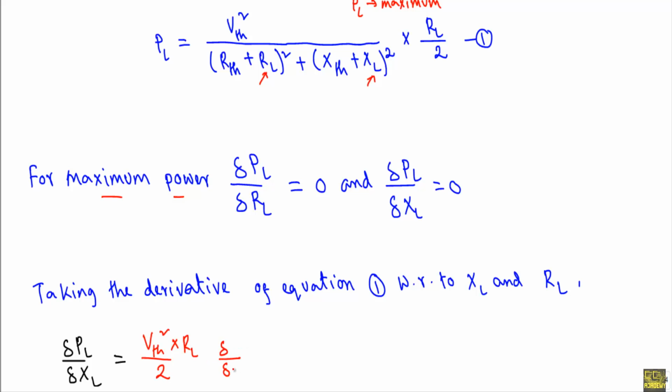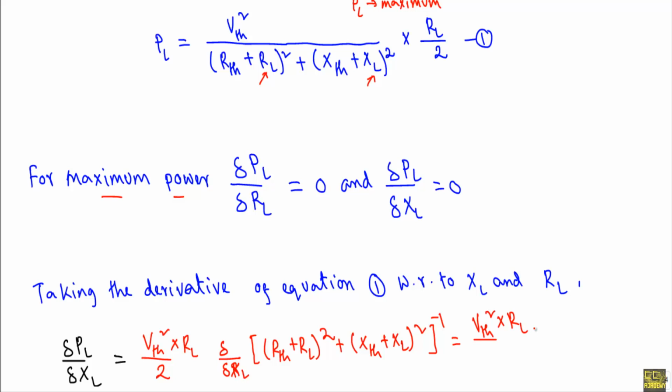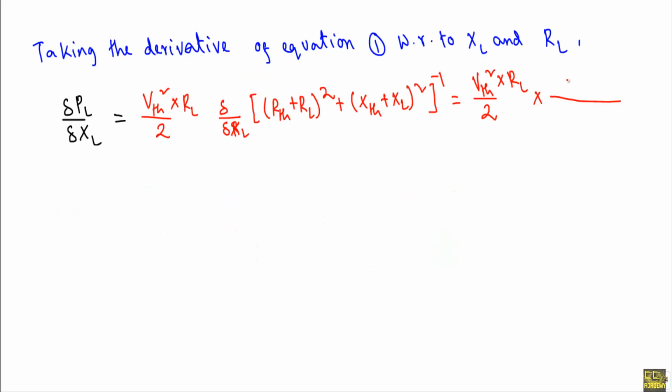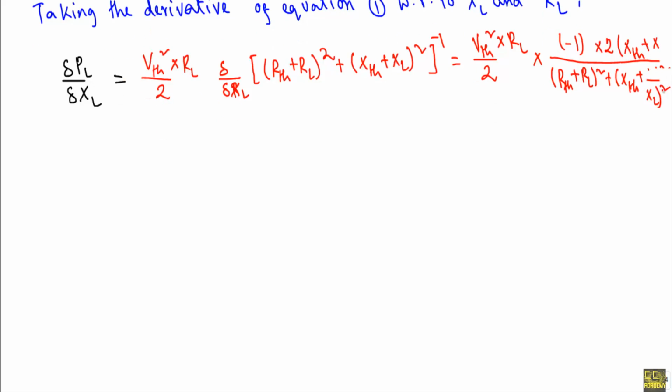Then I will take the derivative of RTH plus RL whole square plus XTH plus XL whole square to the power minus 1 with respect to XL, which will give us equal to VTH square RL over 2 into minus 1 over RTH plus RL whole square plus XTH plus XL whole square, whole square, into 2 into XTH plus XL.